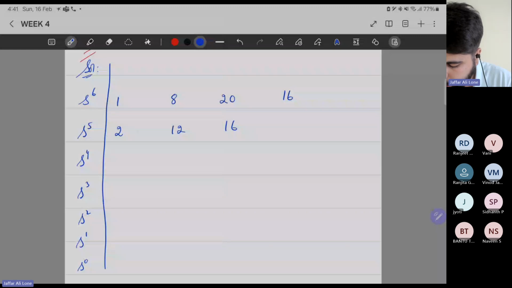Or if I take this 2 common from this, you can always do that. If I take 2 common, I'll get 1, 6, and 8. So I can directly write like that. To simplify calculations, I just took 2 common.